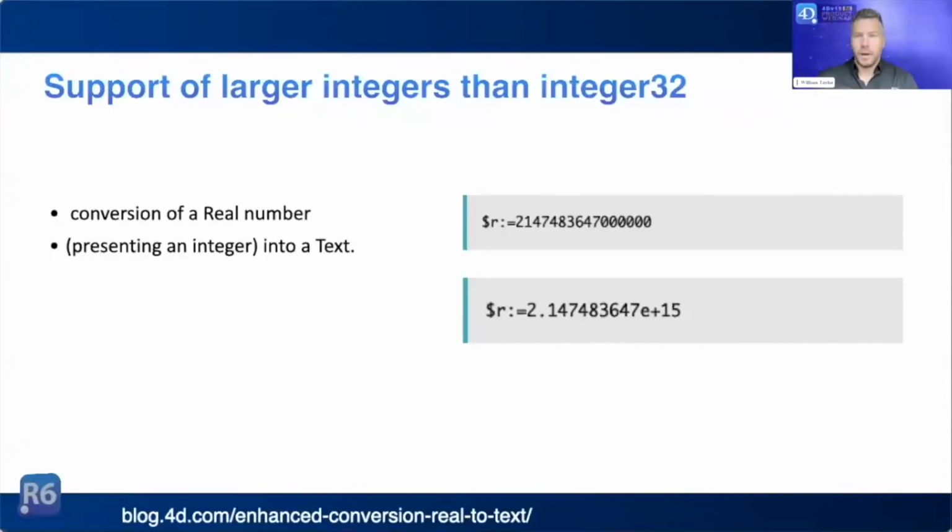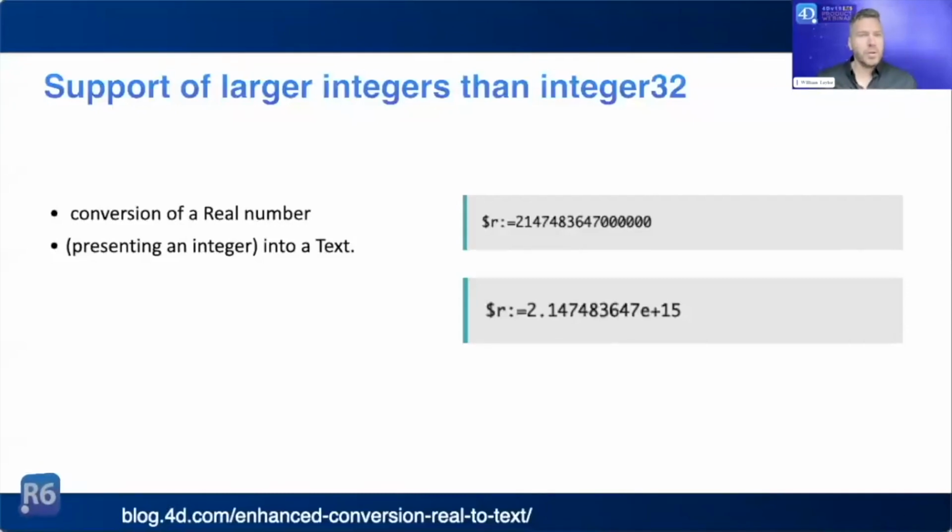Now, we've enhanced reals to allow you to handle this use case. In 19 R6, real numbers are up to 53 bits, meaning that you can go from about -9 quadrillion to +9 quadrillion with great accuracy when you store your integers in a real.